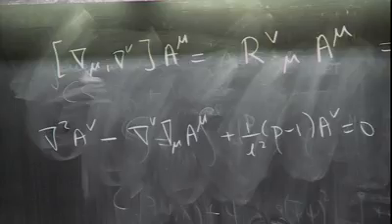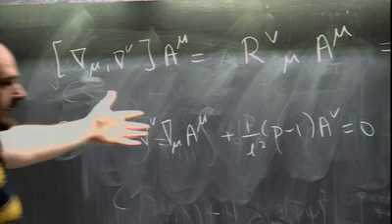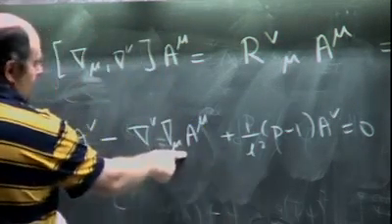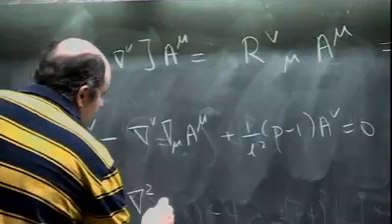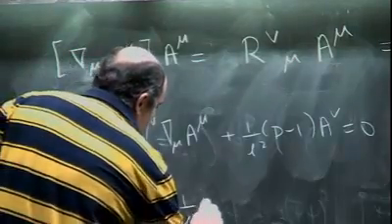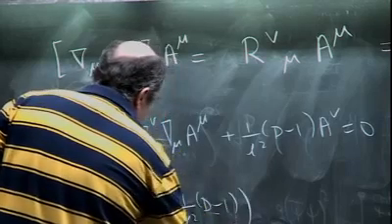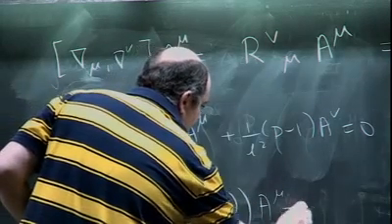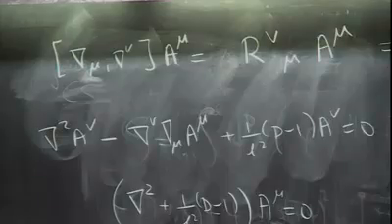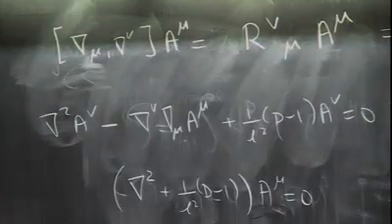If you look at what that operator is for spin 1, you replace all derivatives by covariant derivatives, and then you add these extra terms. You will only need the first one because there is no trace for spin 1, and this coefficient is nothing but the d minus 1 that I have here. So in particular, in the transverse gauge, we just get nabla square plus 1 over L square (d minus 1) on A mu is equal to 0, which is the same equation as here.